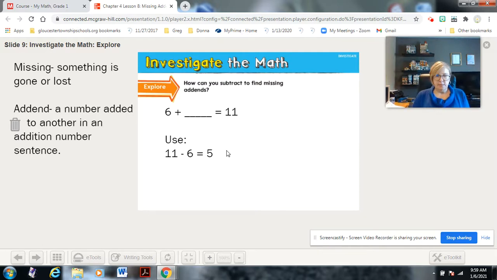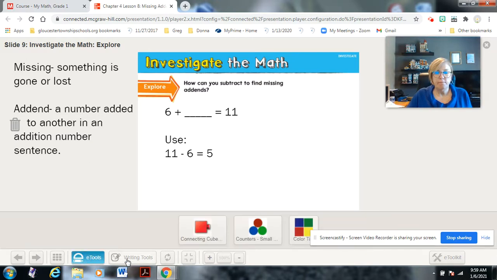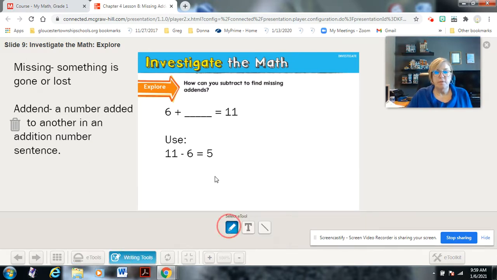So the opposite of addition is subtraction. So if you know that 11 minus 6 equals 5, can we find the missing number for this? Yes. So what is that missing number? That's right. The missing addend is 5.